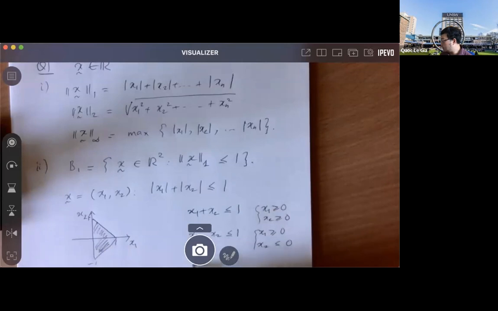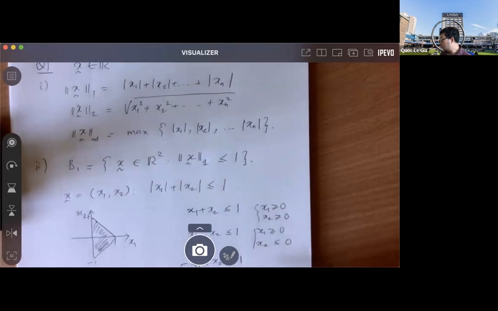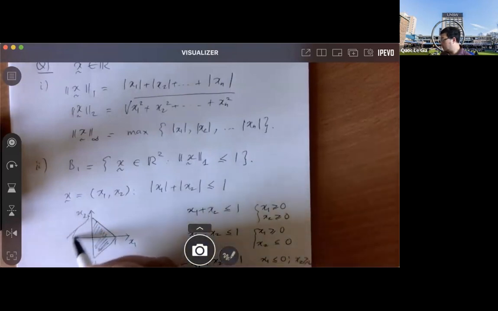Okay. And then the third region, you can do the third region, and it will be minus x1 plus x2 less than or equal to 1. So this is when x1 is negative, x2 positive, right? And then you get this region.